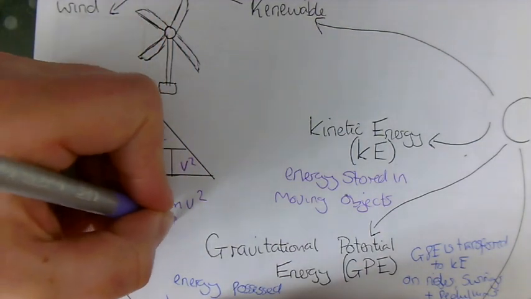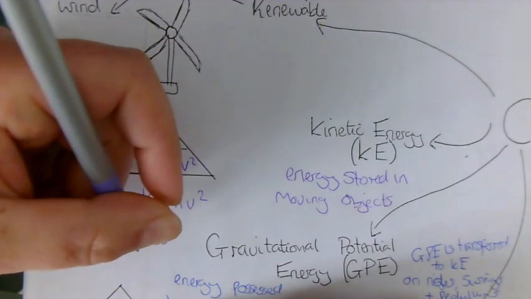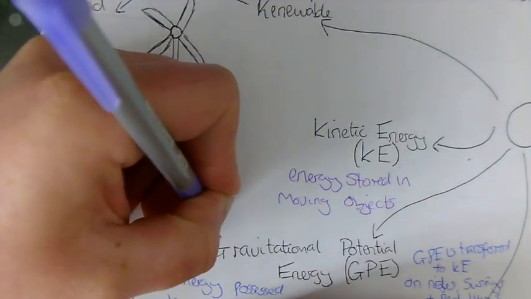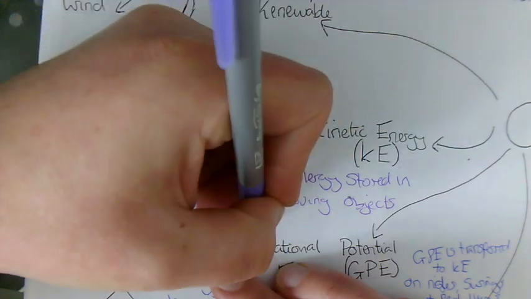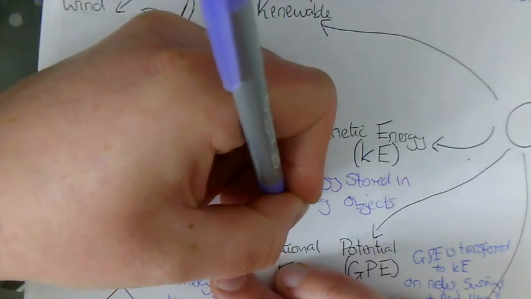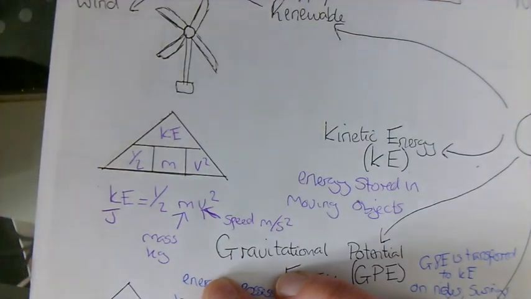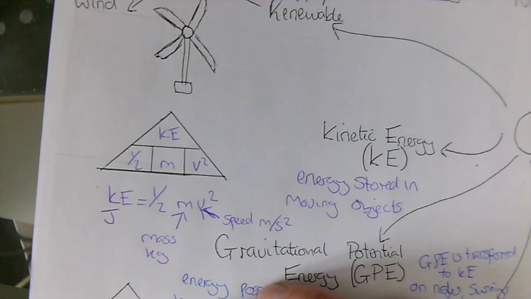What I mean by m is mass, that is in kilograms. v is velocity or speed, and that is meters per second. KE is in joules, and that is all you need to know about kinetic energy.